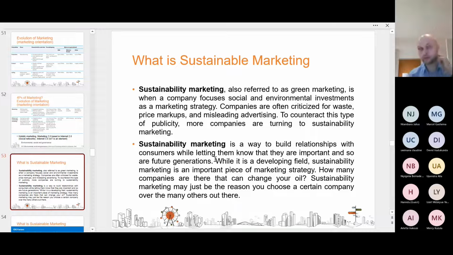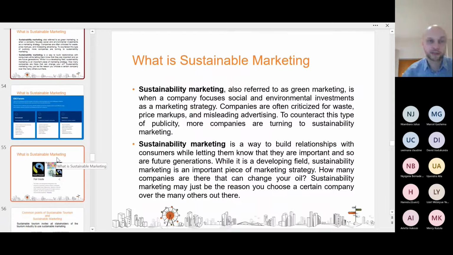So please take 1 minute to read these two definitions, and then I will share some examples of companies following sustainable marketing, like fair trade. So sustainable marketing is about green marketing, about a focus on social and environmental investments, and another focus is on building relationships with the consumers and different stakeholders.